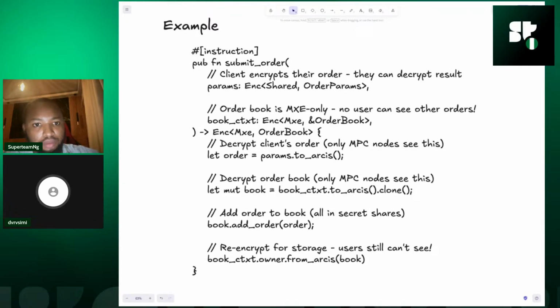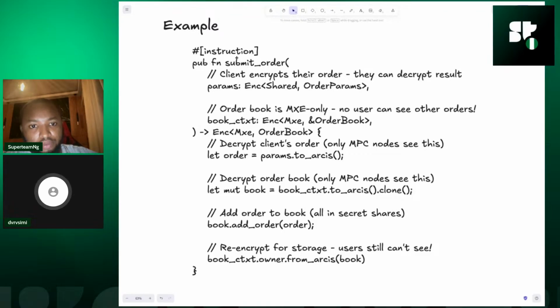So when you see this instruction macro, it basically tells you that this function can use methods or functions from Arcis. Here we're seeing that these params are shared types.